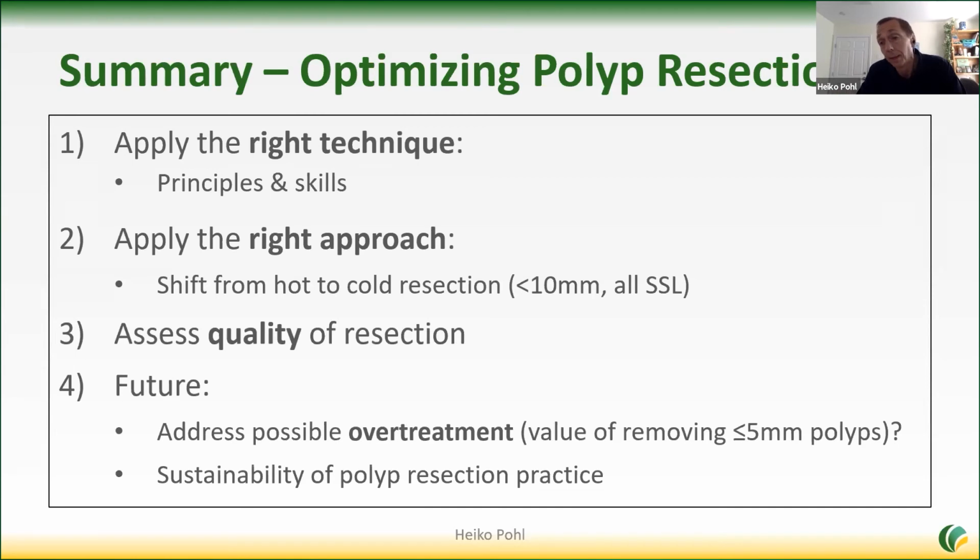So the granular type, like this carpety large polyp, which is not a serrated one, is probably also very easy to resect with cold snare. It takes longer, but I would predict that it's also maybe as effective as hot snare resection. But this is just my personal impression. We need data on this, and we're actually in the process of randomized trials. So it will be a while until we have the results, though.